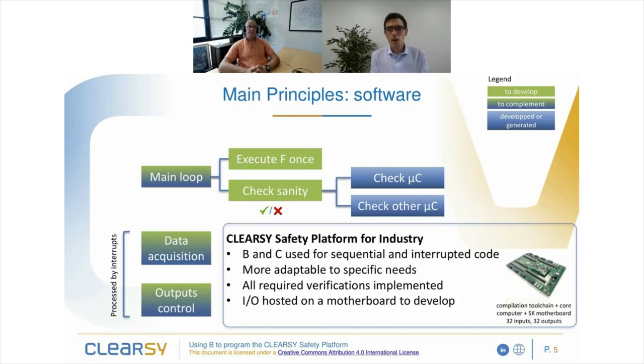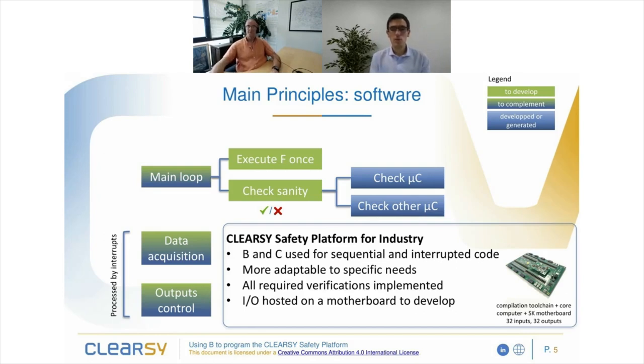Just to remind where we are in the overall flow of the presentation. So for the industrial version, you have more degrees of freedom. You can modify the scheduling of the main loop. You can define when you want to call the sanity checks, so the built-in self-test. The F transfer function can be designed in sequential or in interrupted code with B or C. For vital and safety parts, you will need to use the B language.